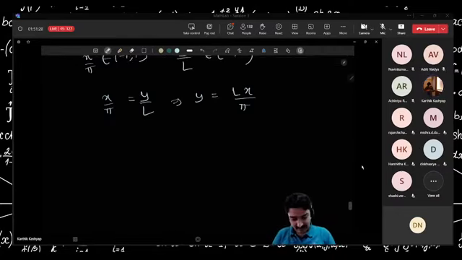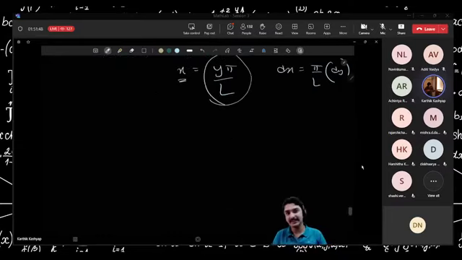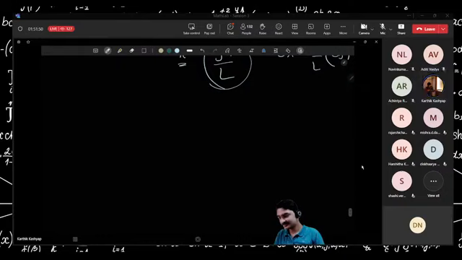Again, if we want to replace x by y, we need the x value also. x is equal to y pi by L, and then dx is equal to pi by L times dy. So everywhere we see x, we can just replace it by y pi by L, and we will get our modified function.